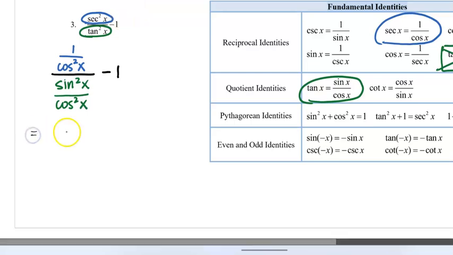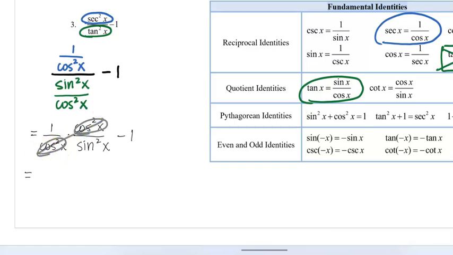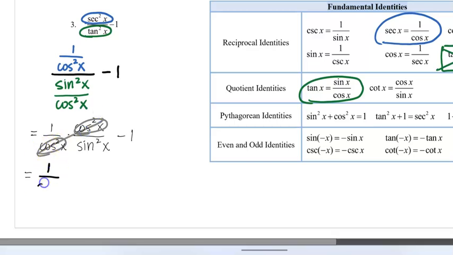In the first term, we have division of fractions. So we will simplify that by multiplying by the reciprocal. Keep, change, flip. So I kept the initial fraction of 1 over cosine squared the same, and I flipped the fraction in the denominator. Now we can see that the cosine squareds will cancel, leaving us with 1 over sine squared x minus 1.